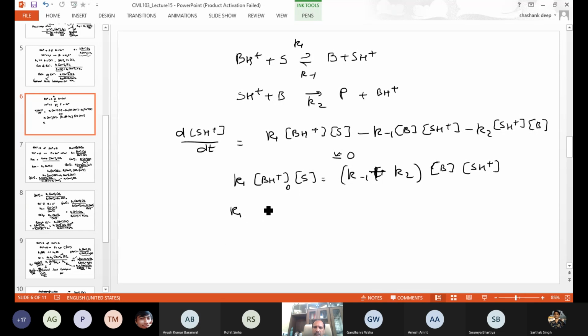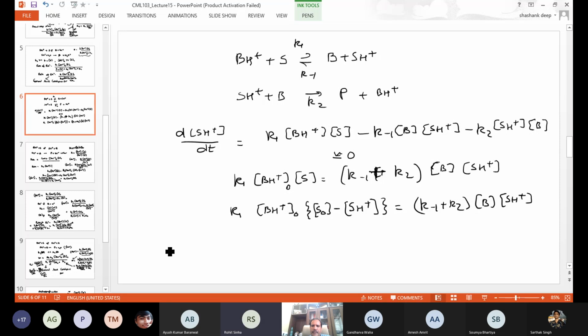And then K1 BH plus naught into S. If I want to write S in terms of S naught, I will write simply S naught minus SH plus, is equal to K minus 1 plus K2 times B SH plus.